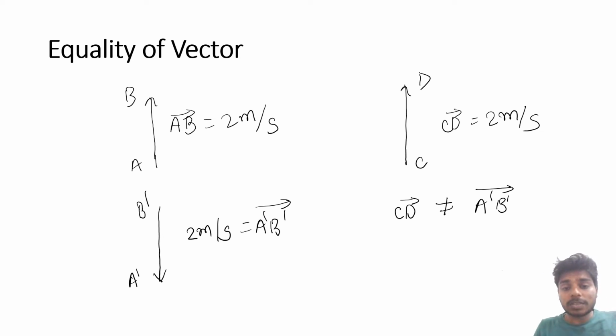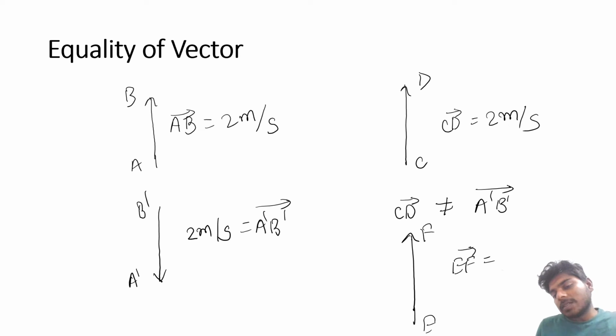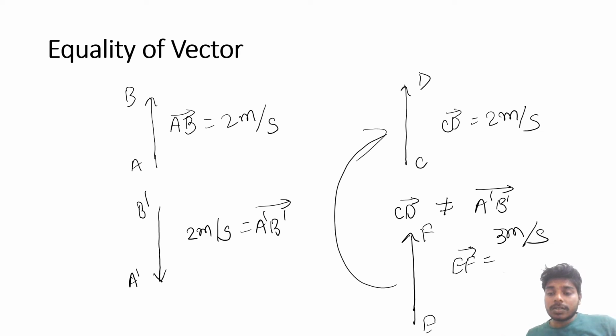Magnitude is the same but direction is different. If we increase the CD vector, now this is EF vector whose magnitude is 3 meter per second. Again these two vectors are not equal because direction is the same but magnitude is different.